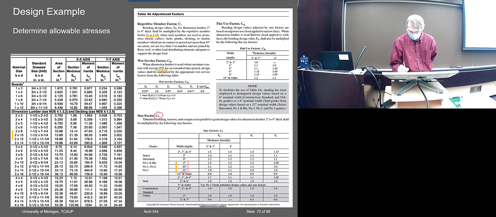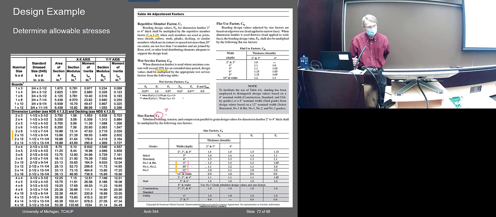CF could be anywhere from 1 to 1.2. You could guess 1.1, since most of them seem to be 2x10s, or you could just take it as 1 and factor it in later. But that one is the one factor you don't know at this point.